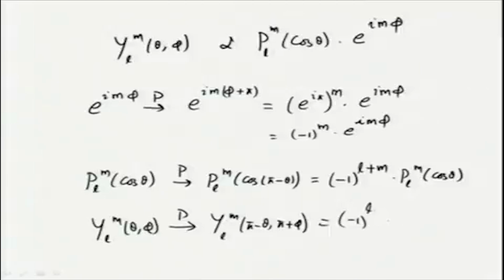So, it is minus 1 power l times Y l m theta phi. This factor decides whether the total wave function is even or odd under parity. If l is odd, then it is an odd function under parity. If l is even, then it is even under parity.